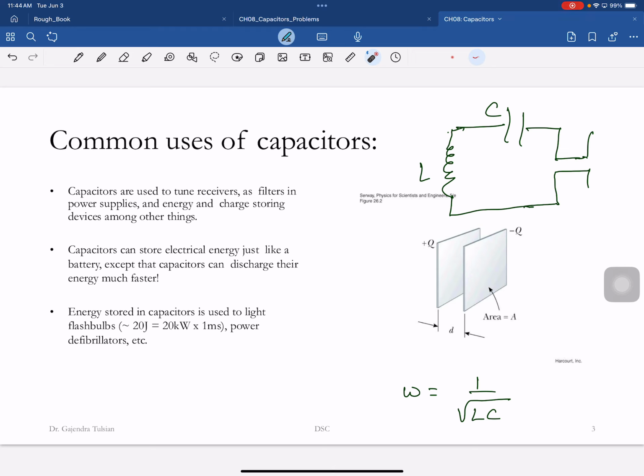All right, so here's the deal. When you tune into a radio station, how does that happen? Right now, how many FM signals are there in this room? Hundreds.